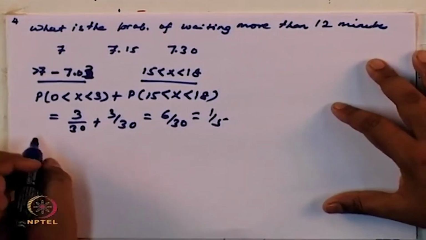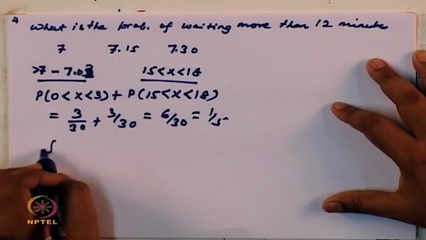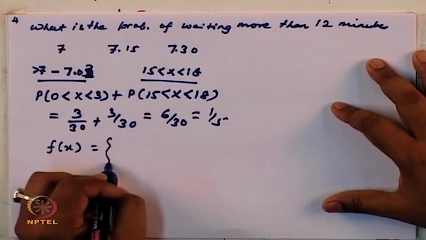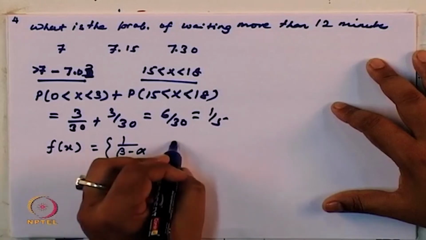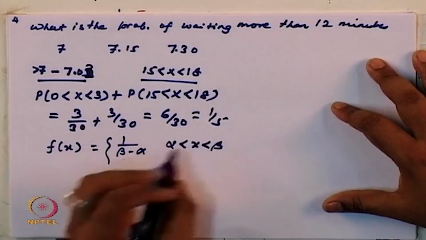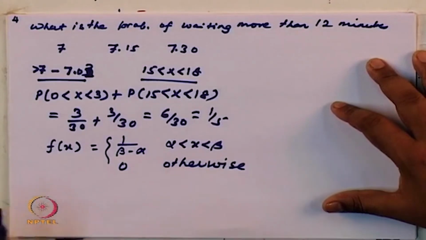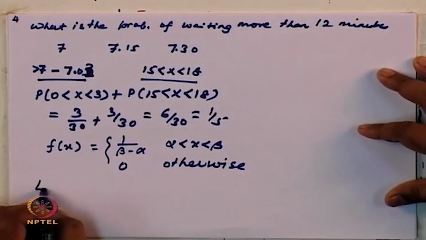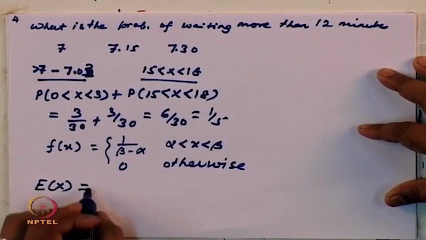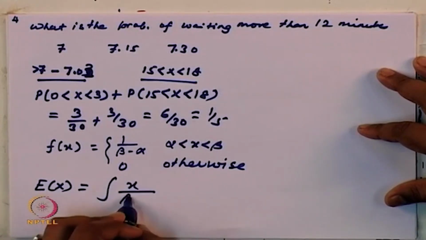So, for a uniform distribution, once again I write this: f of x is 1 by beta minus alpha for alpha less than x less than beta, and 0 otherwise. You can calculate the expectation of this variable, which is nothing but the integral of x f of x.